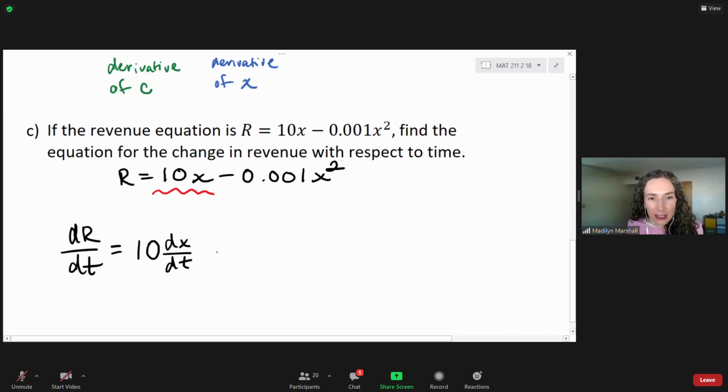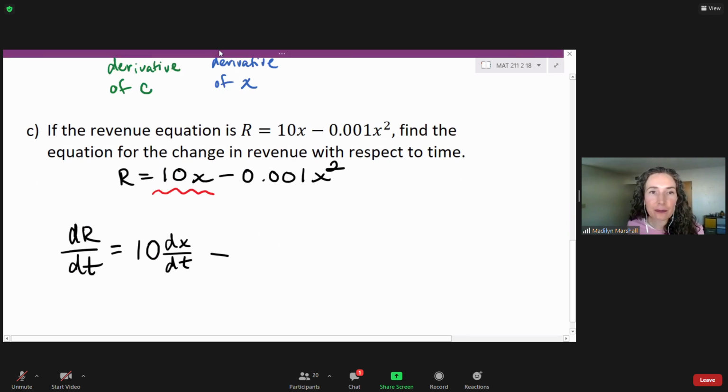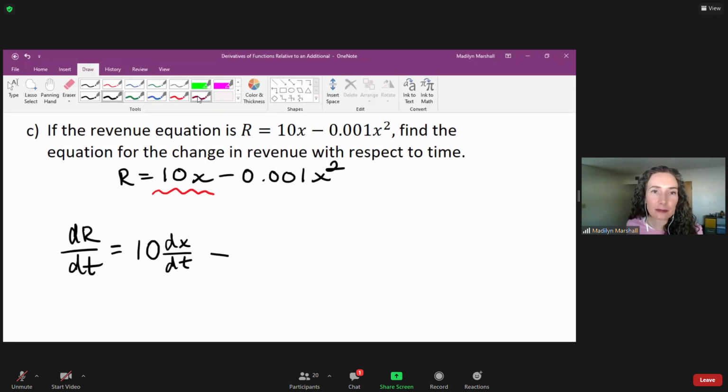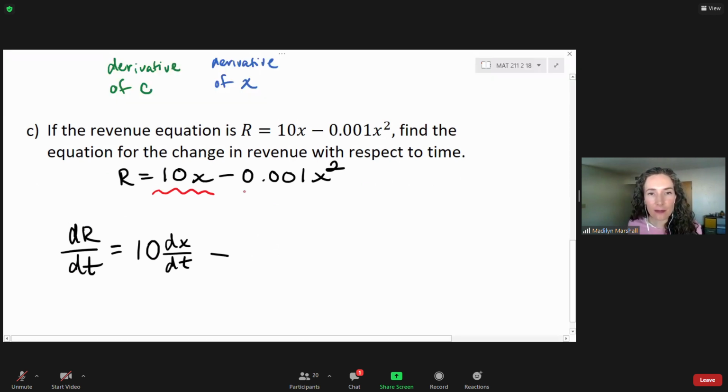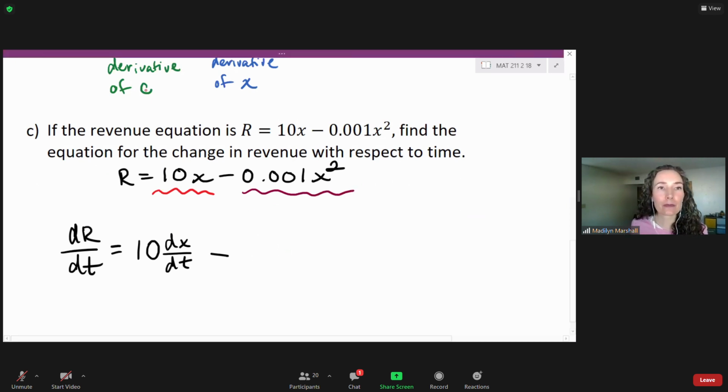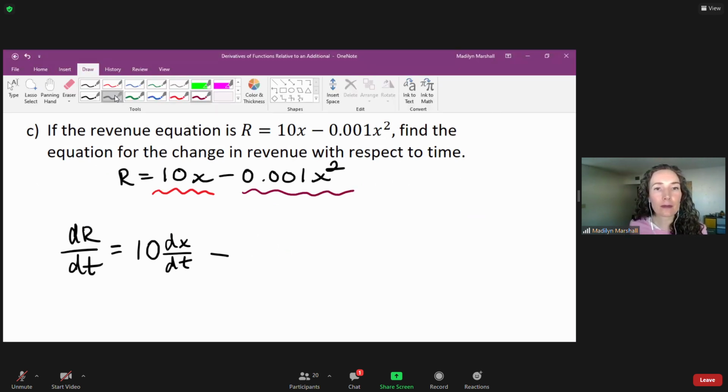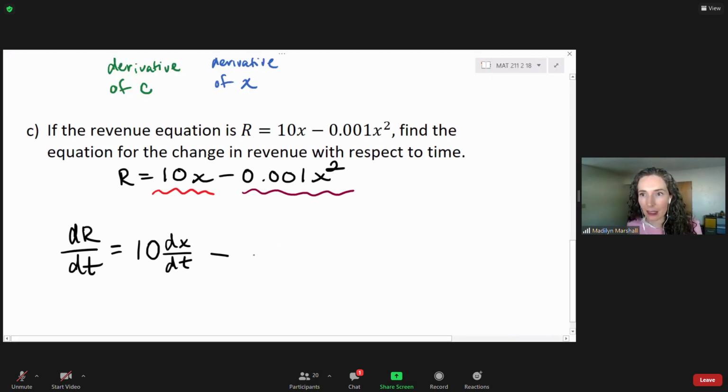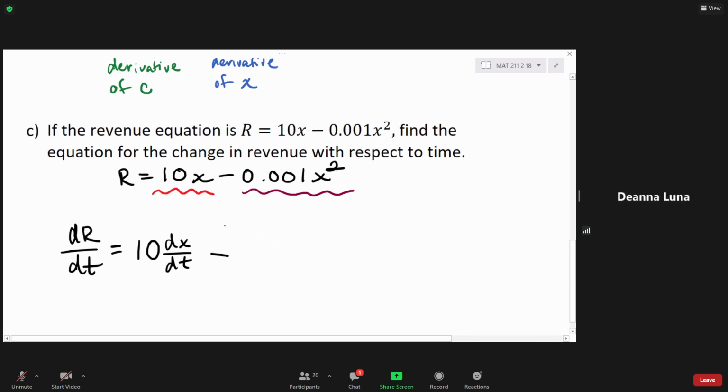So then we can go to the next term. So what will we get for this next term? Negative 0.002 dx over dt.